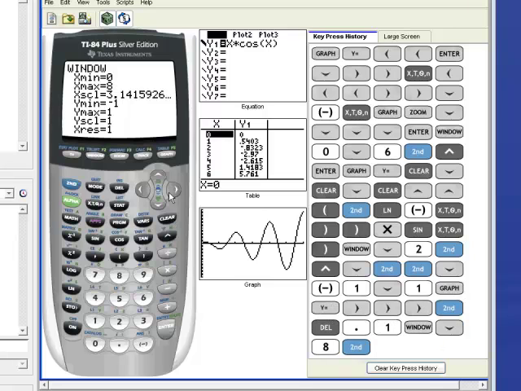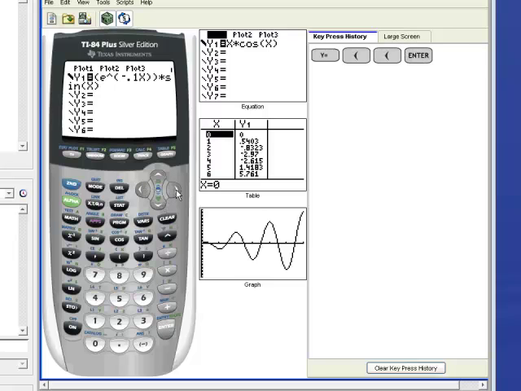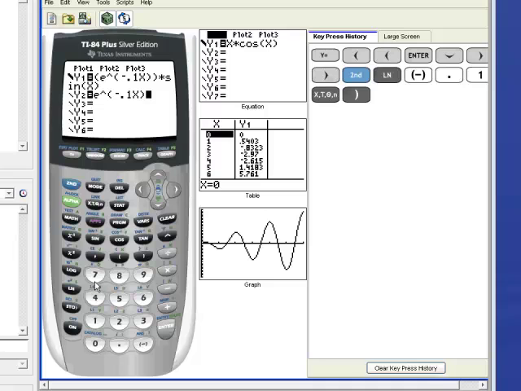Okay, that looks a little bit better. There we go. Oh yeah, that looks way better. Okay, and again, we can make this a thick line, and then here we can plug in e to the negative 0.1 x and negative e to the negative 0.1 x.